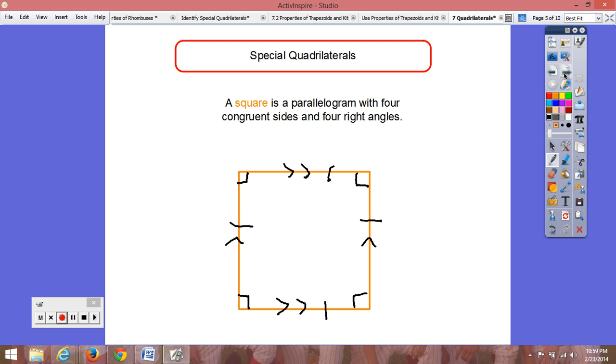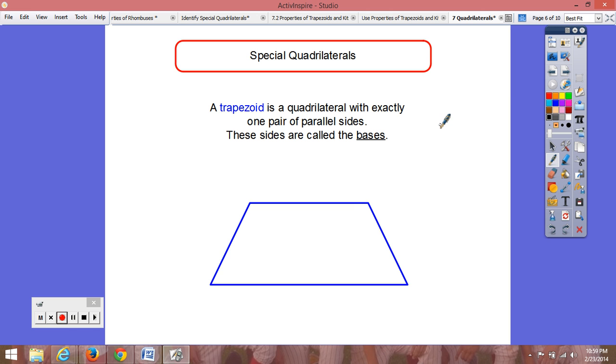Okay. Next type of quadrilateral is a trapezoid, and a trapezoid is a quadrilateral with exactly one pair of parallel sides. So only one set of these sides are going to be parallel, and those sides are called our bases.